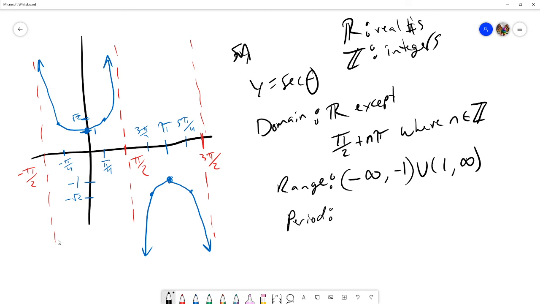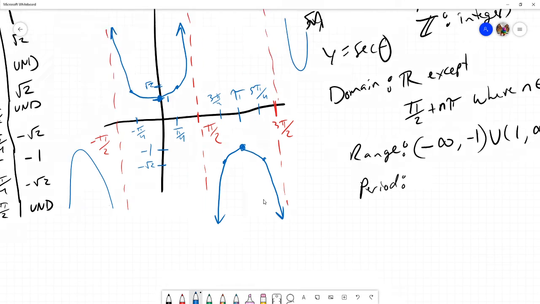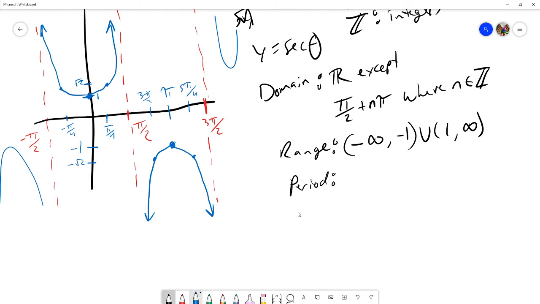On this side it goes down, then it goes up on this side here, and it just alternates. So it is both the 1 U up, 1 U down, that gives you the full period, and that is going to be 2 pi.